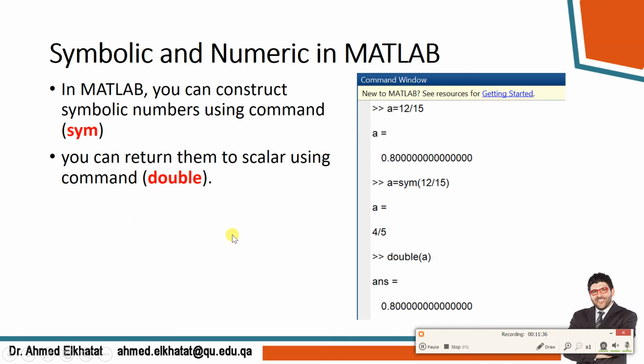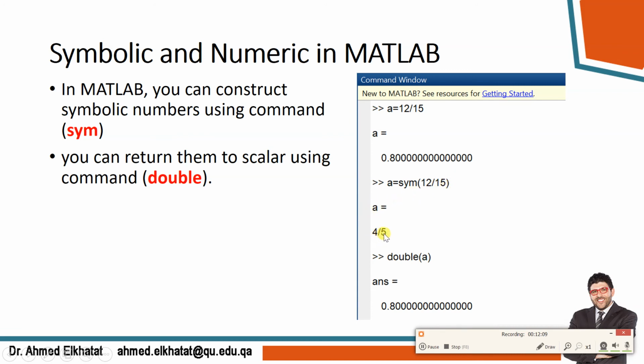Also we have another good feature in MATLAB. This is symbolic and numeric. So suppose that you have a equal 12 divided by 15, so a will be 0.8. If you want to display this value in symbolic form, so a equal sym and 12 divided by 15, so a will be 4/5.